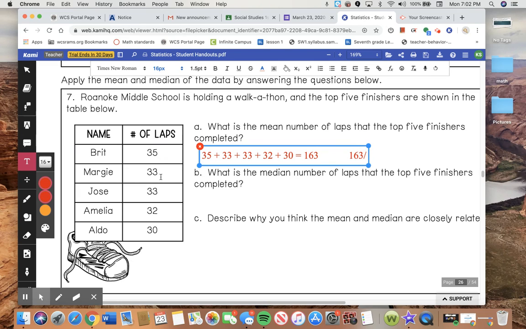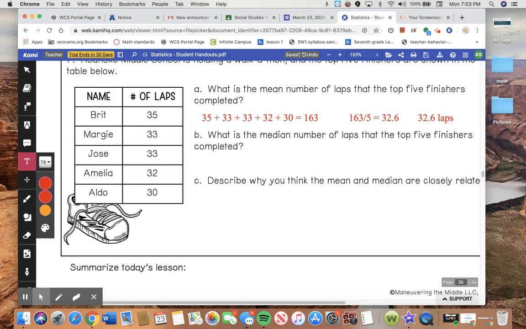And they gave us 1, 2, 3, 4, 5. So 163 divided by 5 is 32.6. Which means that the mean number of laps that the top 5 finishers completed was an average of 32.6 laps. So that was the average of each person that ran.